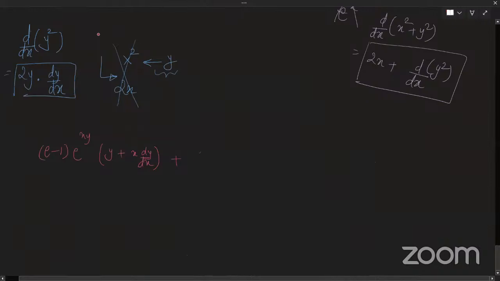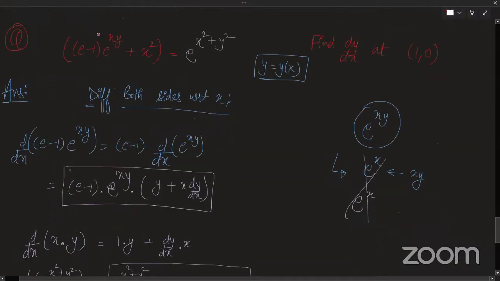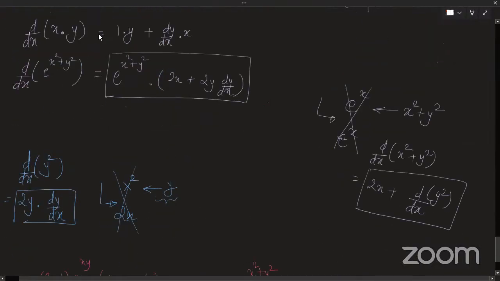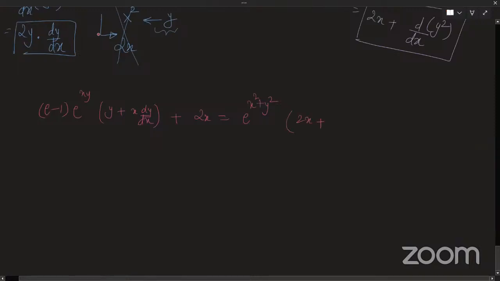I need to differentiate that also, is equal to the derivative of e raised to x square plus y square. It is e raised to x square plus y square into 2x plus 2y into dy by dx.